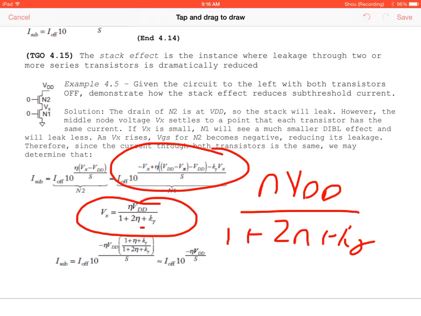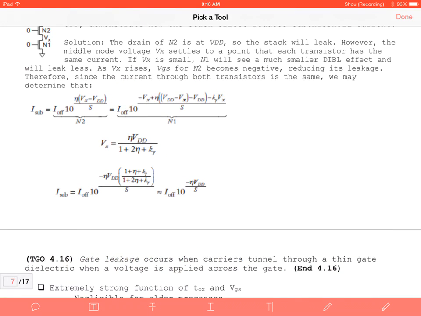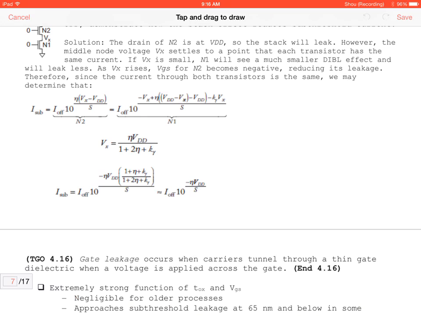And DIBL, drain-induced barrier lowering. So by using this portion, we end up having the subthreshold current equal to our I off, or off current, times 10 to the negative DIBL times VDD.